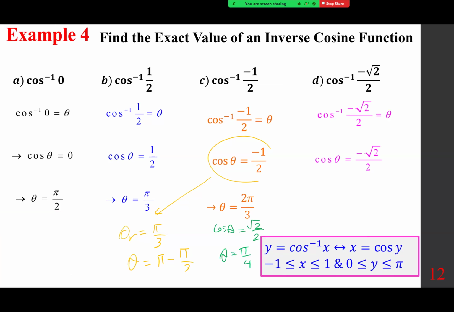That means pi over 4 acts like the reference arc for that. Because it's negative, you subtract pi over 4 from pi. The answer is 3 pi over 4. So I hope everybody knows how to find those nice and easy.